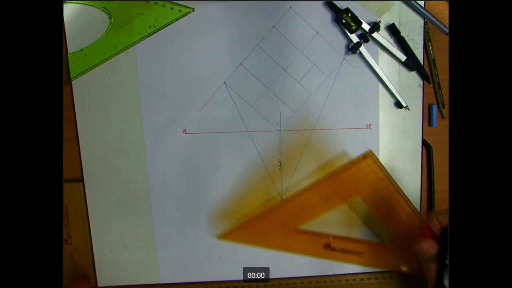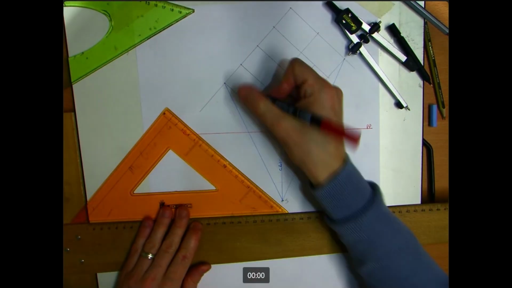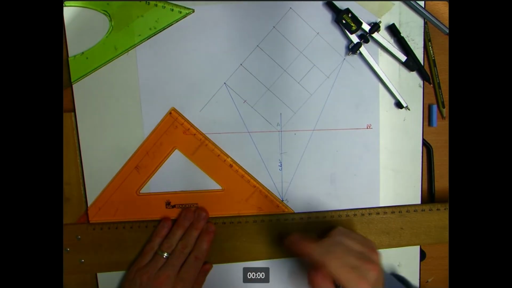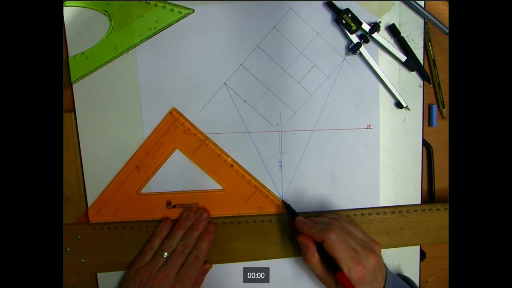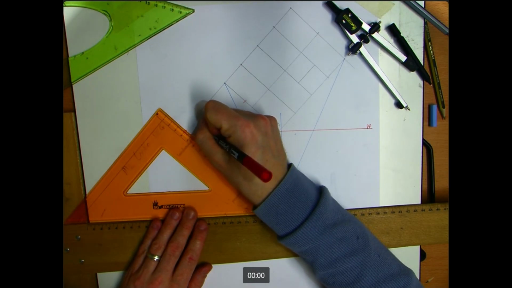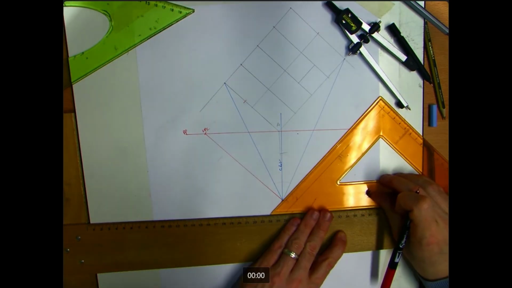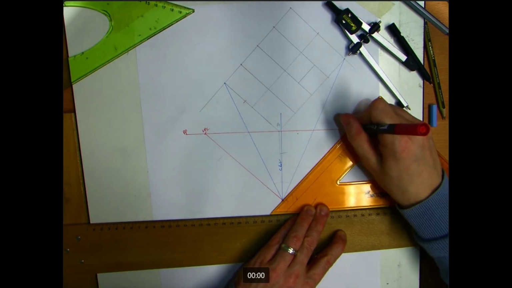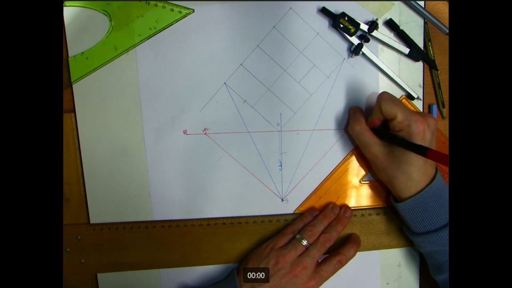And our vanishing point is going to be parallel to this surface, so our vanishing point is going to be at a 45-degree angle. That gives me my VPL, 45 in the opposite direction gives me VPR.